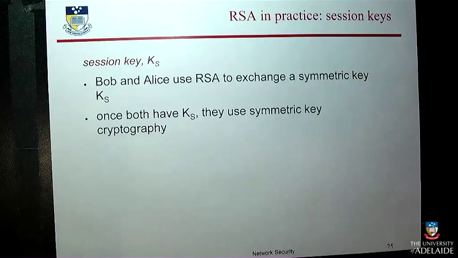So you don't want to use public key cryptography to encrypt all your communication. Instead, you use it to do the key exchange, which solves the key distribution problem, agree on a symmetric key, and once you know the symmetric key, use it to encrypt the following communication, because symmetric key cryptography is very fast.